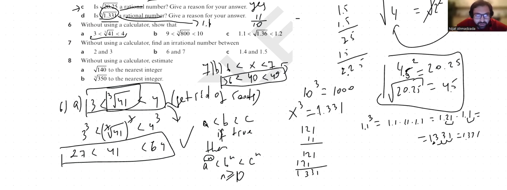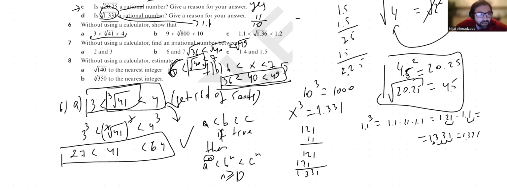So what is the square root of 36? That's 6, smaller than the square root of 40, smaller than the square root of 49, which is 7. So we found the number, the square root of 40, which is in between 6 and 7.